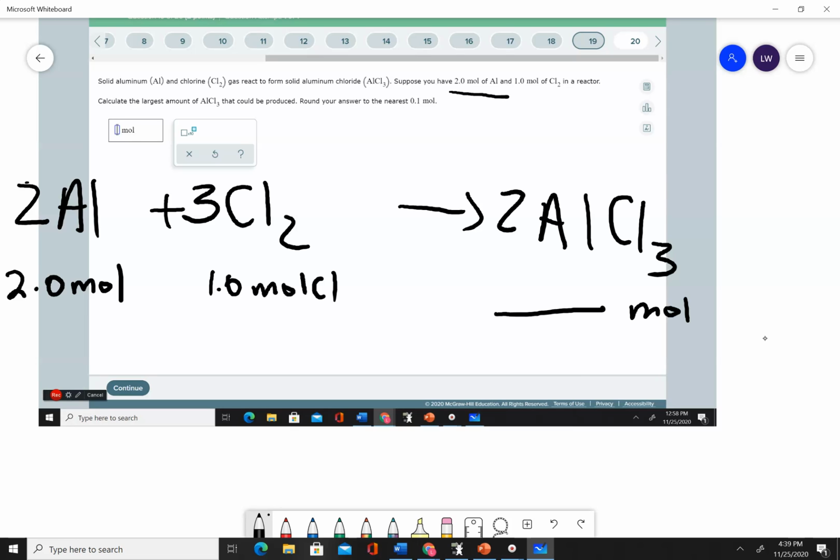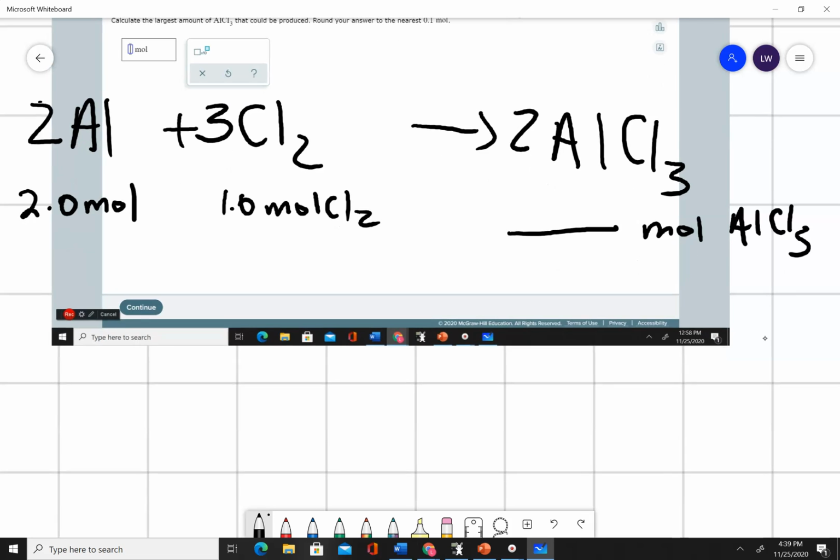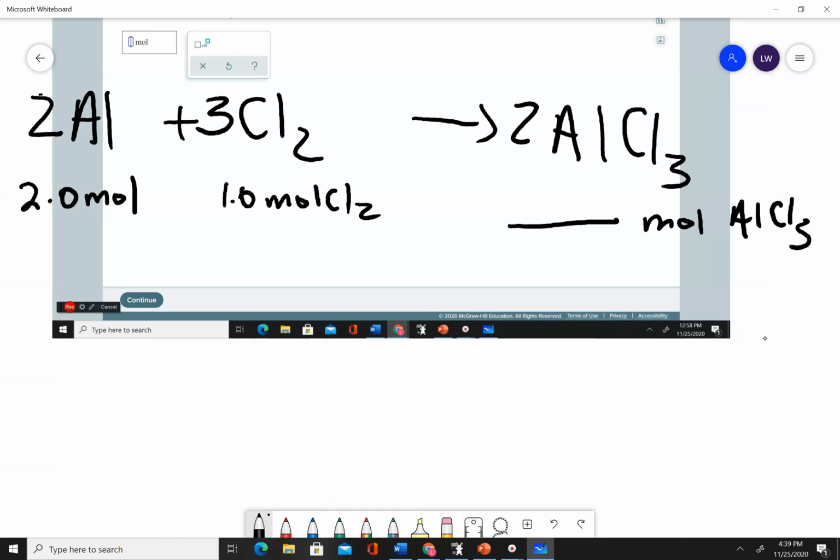So again, it's a limiting reactant problem. I've got to go from moles of one thing into moles of another. I'm going to calculate how many moles of product I would get if all of the chlorine was consumed, and then how many moles of product I would get if all of the aluminum was consumed. So 2 calculations. Whatever gives the smallest yield, that's my answer.